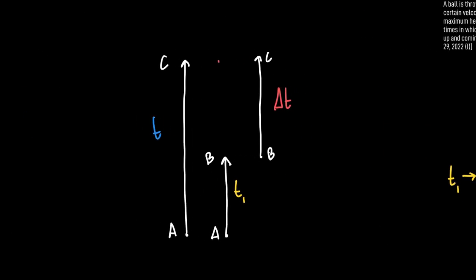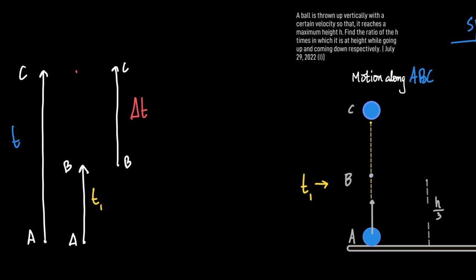To express T1, from A to C the total time taken is T, which is the time taken to reach the apex point, TA. The time taken from B to C is delta T. If we consider the time taken from A to B as T1, what is this T1 equal to?